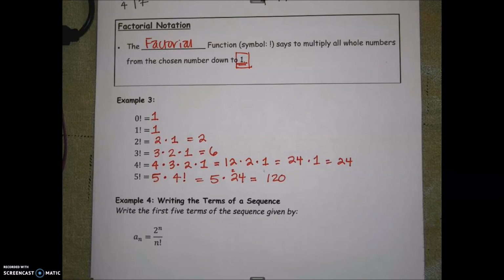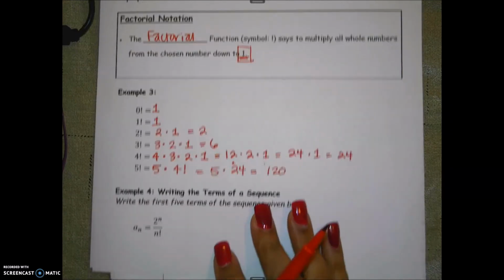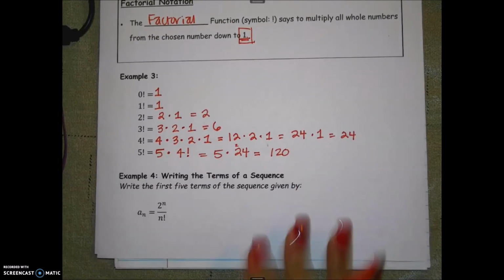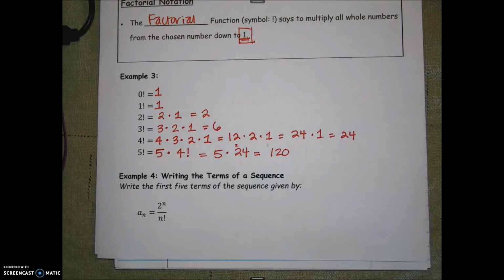Okay? So hopefully that gives you some understanding of how to handle factorials. So let's look at example number 4. We're going to write the terms of a sequence using factorials. All right, the directions say to write the first 5 terms of the sequence given by a sub n equals 2 to the n power divided by n factorial.